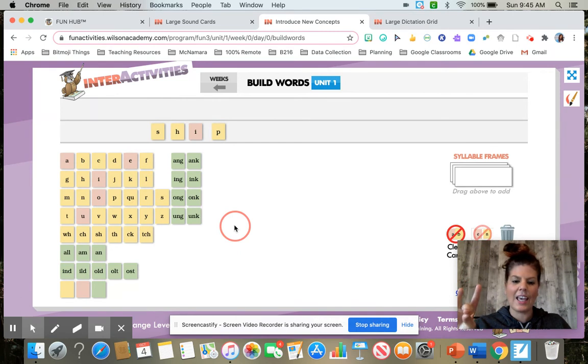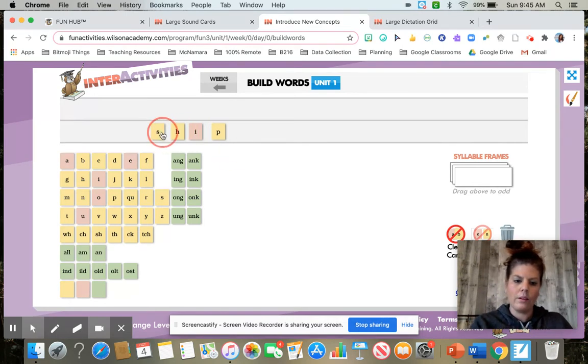Sh, i, p, ship. How many letters are in this word? 1, 2, 3, 4. There are 4 letters in the word ship. How many sounds are in the word ship?